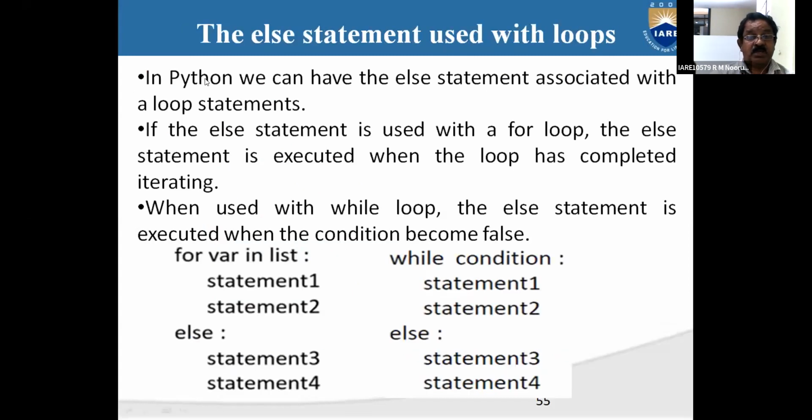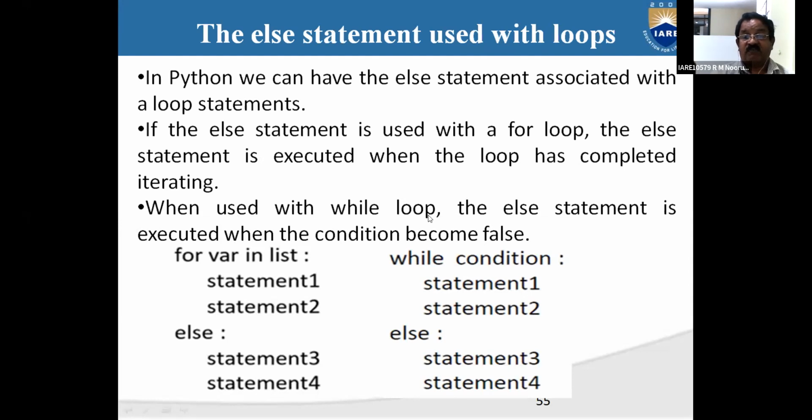Now see, in Python we can have the else statement associated with a loop statement. If the else statement is used with a for loop, the else statement is executed when the loop has completed iterating. After completing the iteration, that is the statements which are written, it is going to execute this particular part.